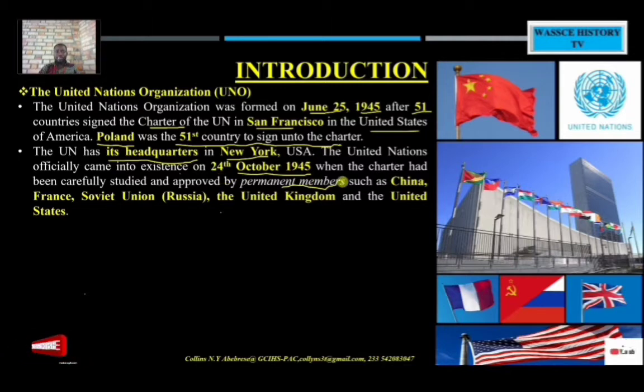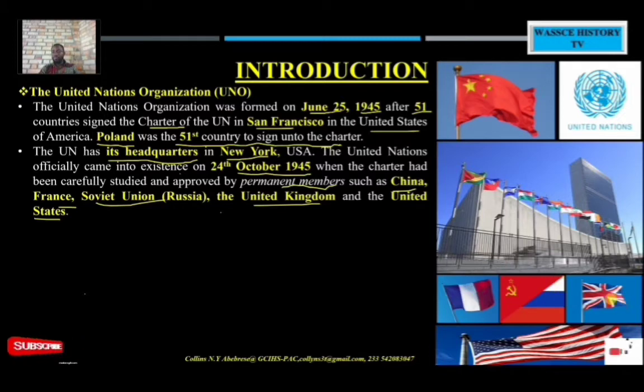So on 24th October 1945, the UN came into being after the charter had been approved by China, France, the Soviet Union, that's of course Russia today, the United Kingdom, and the United States, as you've seen their flags displayed over here.